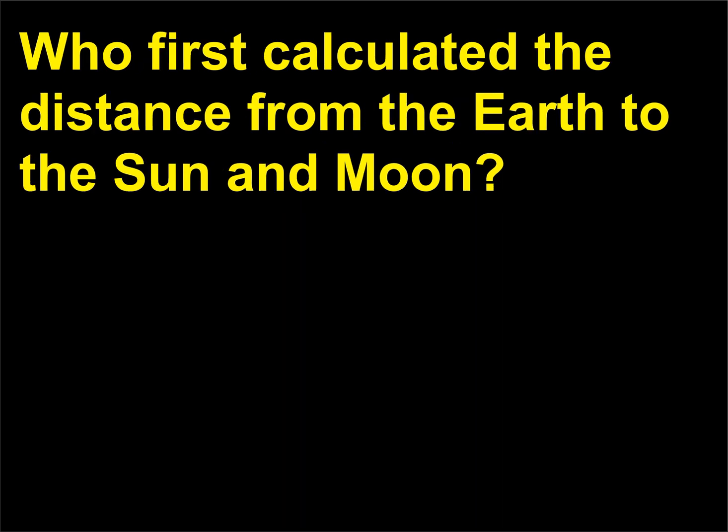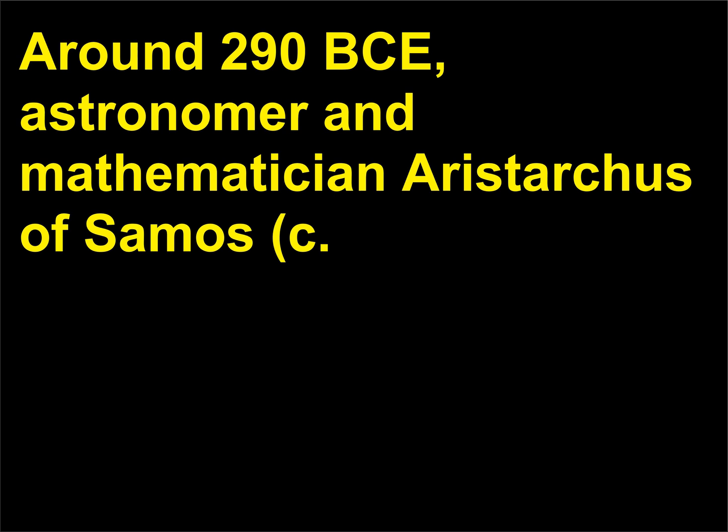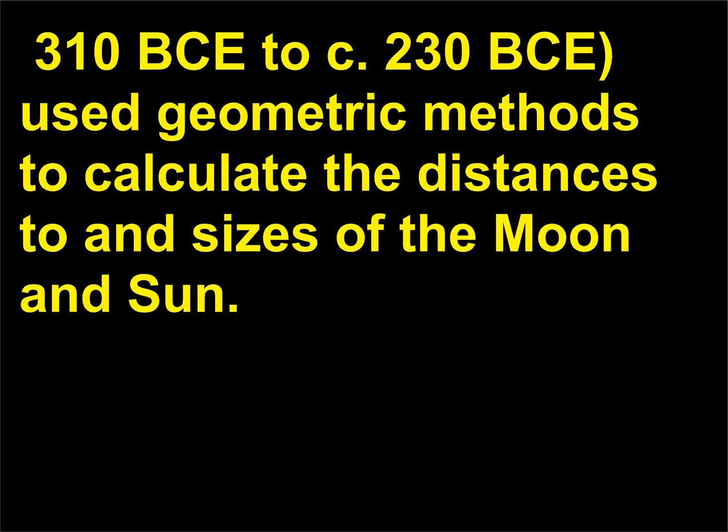Who first calculated the distance from the Earth to the Sun and Moon? Around 290 BCE, astronomer and mathematician Aristarchus of Samos, c. 310 BCE to c. 230 BCE, used geometric methods to calculate the distances to and sizes of the Moon and Sun.